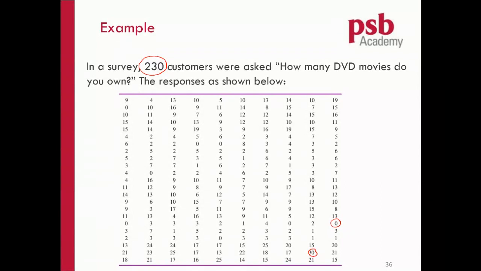With 230 data points, how many classes do you need? Just now we stopped at 64, I guess. Let's find out the number of classes. So we are going to do this again. 2 to the power of k must be greater than or equal to n. Now n is 230, so I'm going to write this 230.